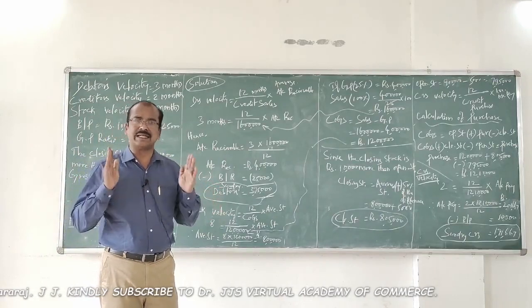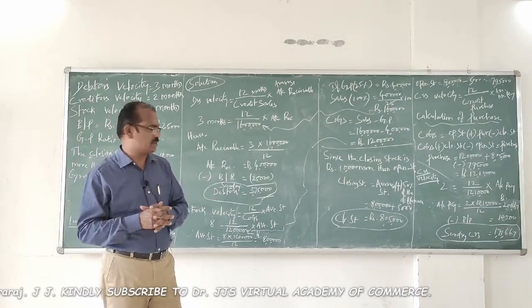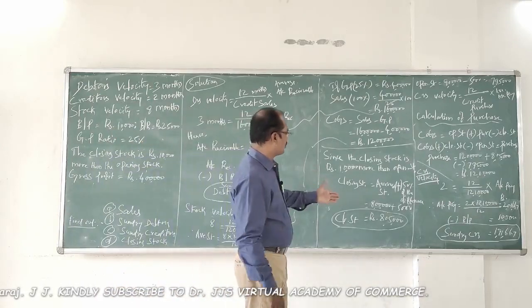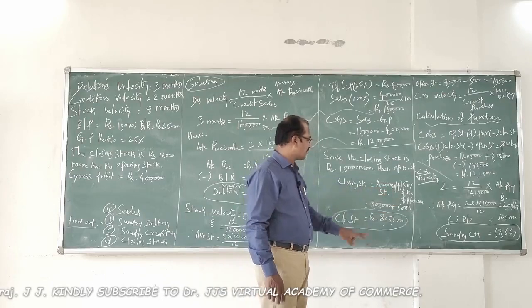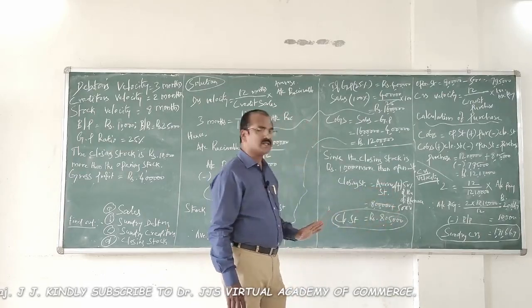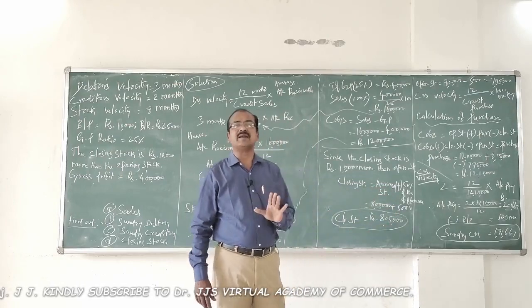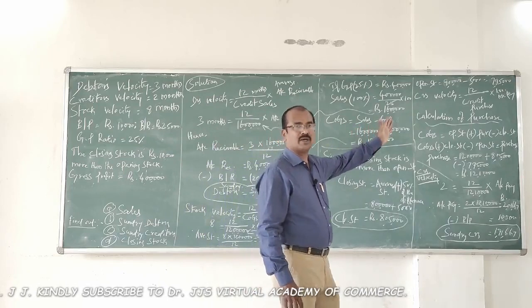What is the difference? 10,000 rupees. What is 50% of the same? 5,000 rupees. Therefore, closing stock is equal to average stock plus 50% of the difference, which is 8 lakhs plus 5,000. So what is the value of closing stock? 8 lakh 5,000 rupees.